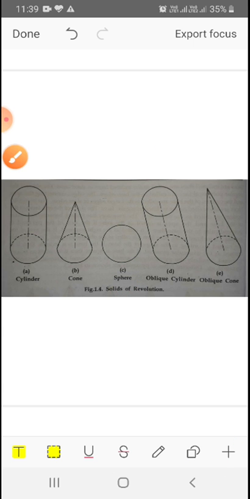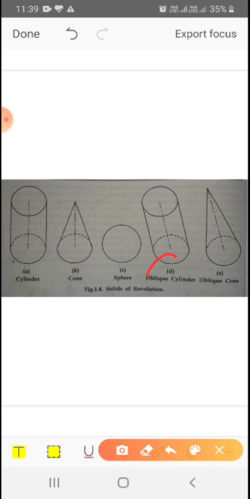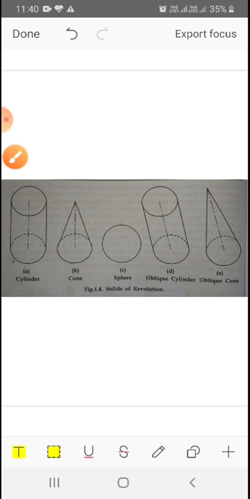Similarly, if the axis is inclined to the base, that is called an oblique cylinder or oblique cone, because the axis is inclined to the base. And when the axis is perpendicular to the base, we have the cylinder, cone and sphere.